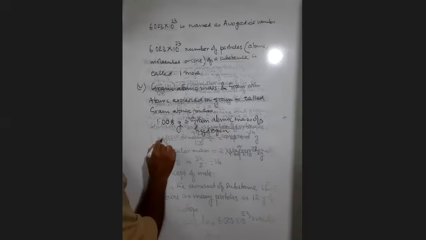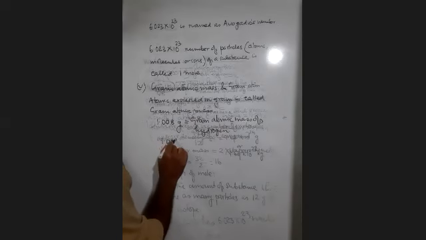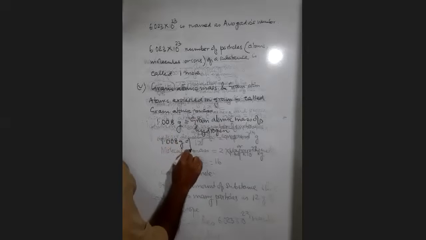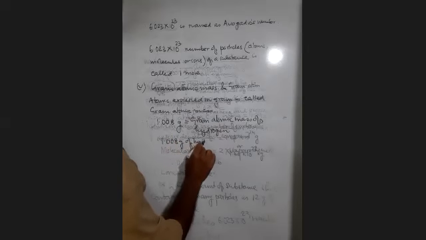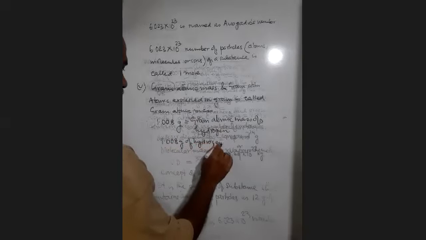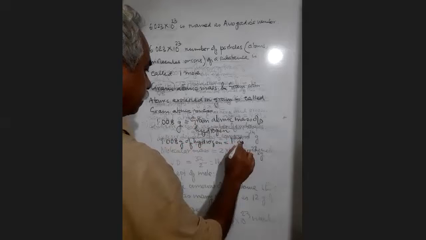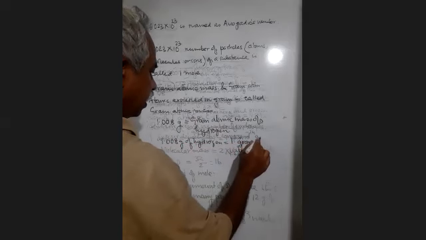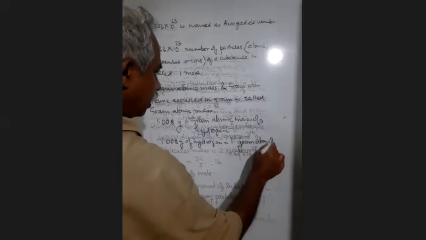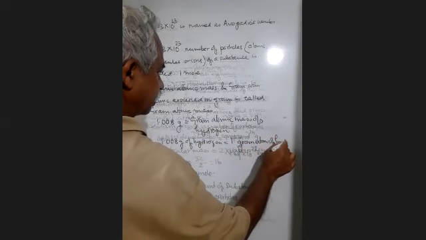Or I'll call it 1.008 gram of hydrogen is 1 gram atom of hydrogen.